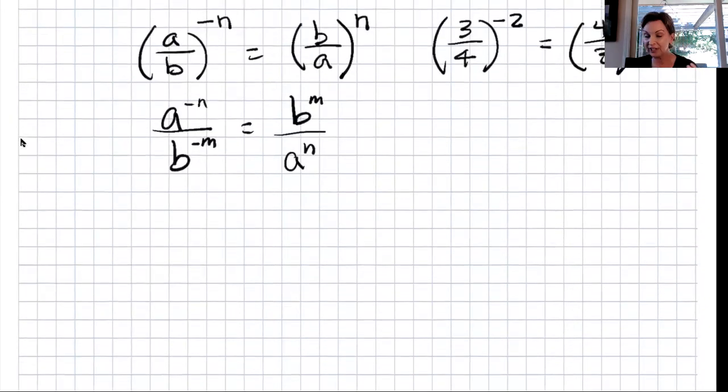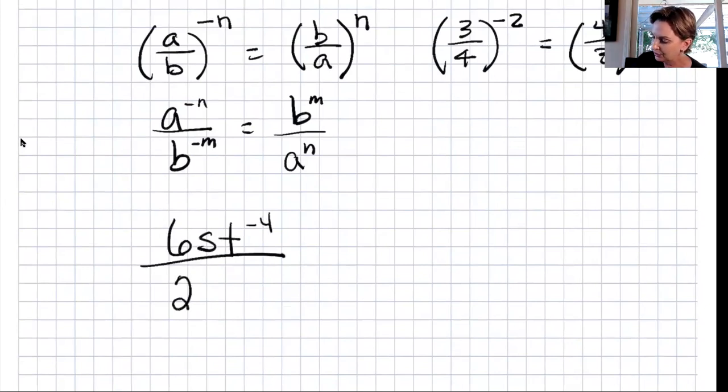Okay, now to finish off today, let's do a couple problems that have negative exponents. Let's say we have 6st to the negative 4th over 2s to the negative 2 power over t squared. What I like to do when I see these problems is get rid of the negative exponents first and then simplify the problem.